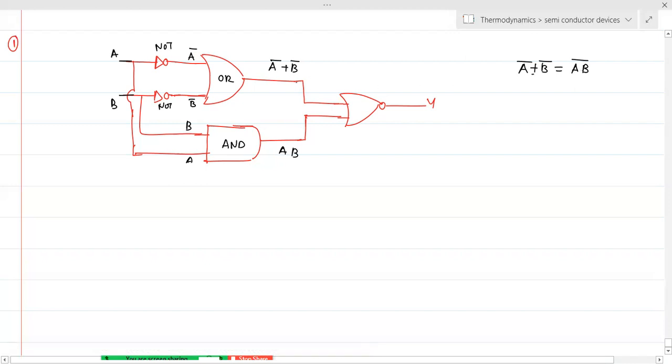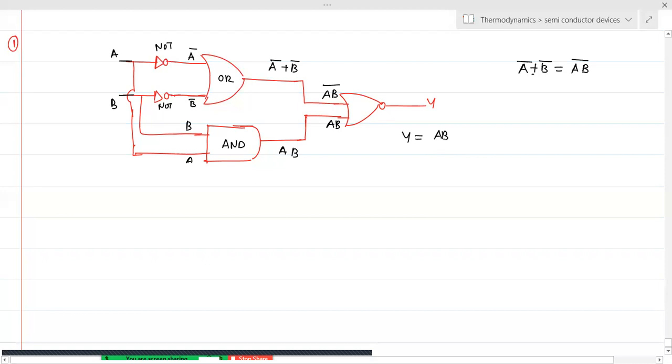So therefore this A bar plus B bar now turns into (AB) bar, and the other one is AB. So simply Y is nothing but AB bar plus AB.